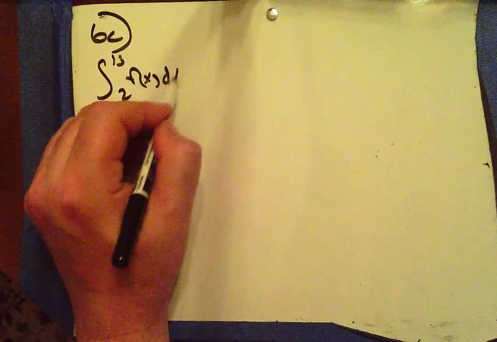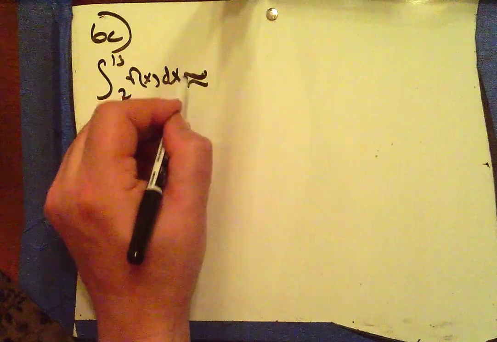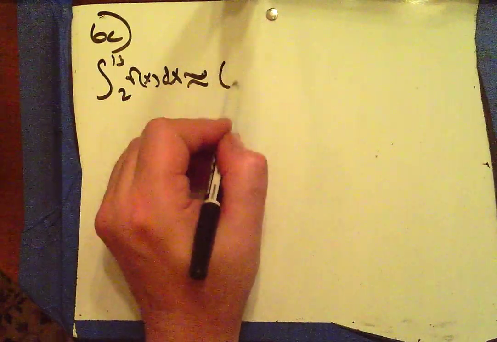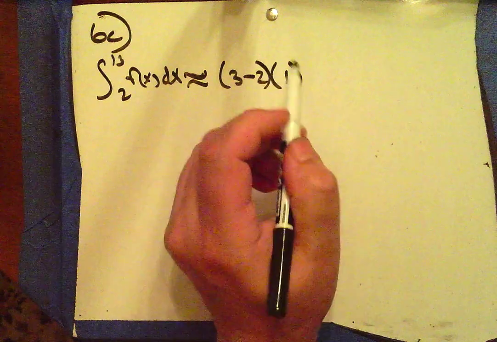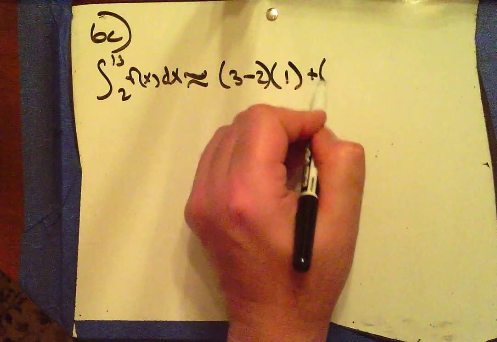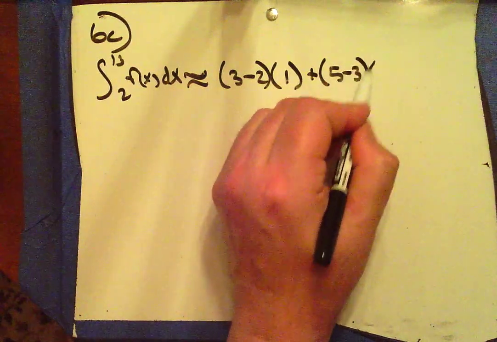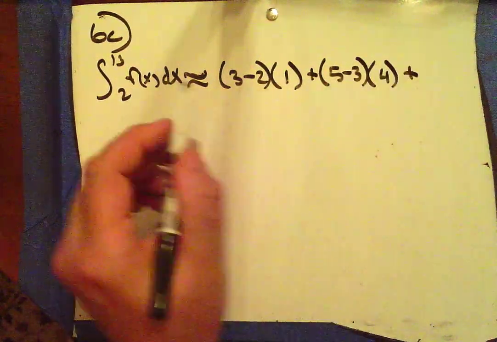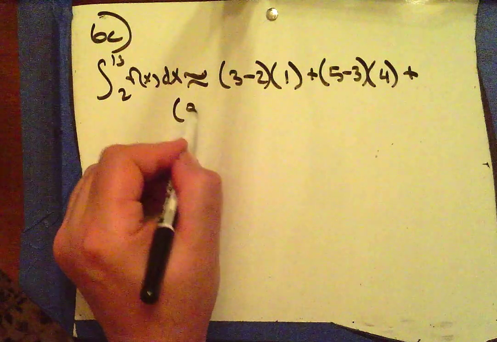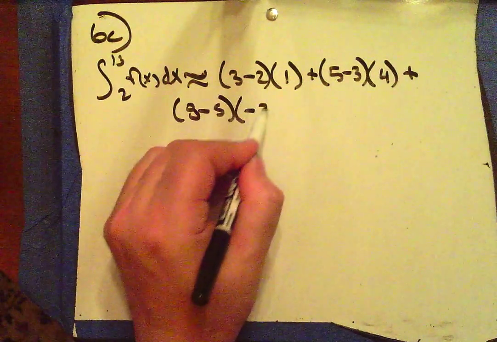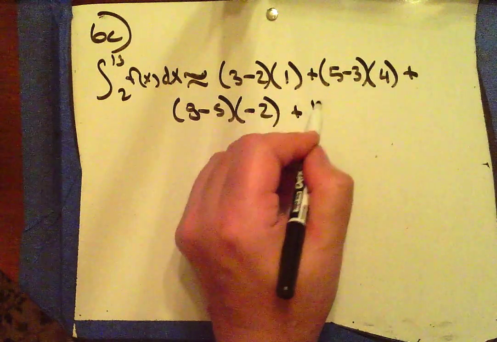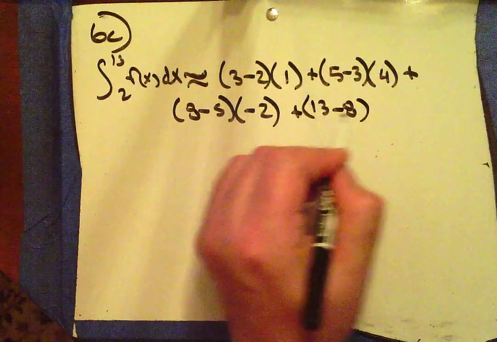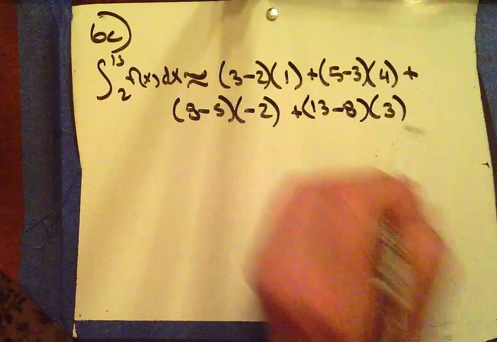The integral from 2 to 13 of f of x dx is approximately 3 minus 2 times left Riemann sum, so we use that first value, plus 5 minus 3 times 4, plus 8 minus 5 times negative 2, plus 13 minus 8 times 3.